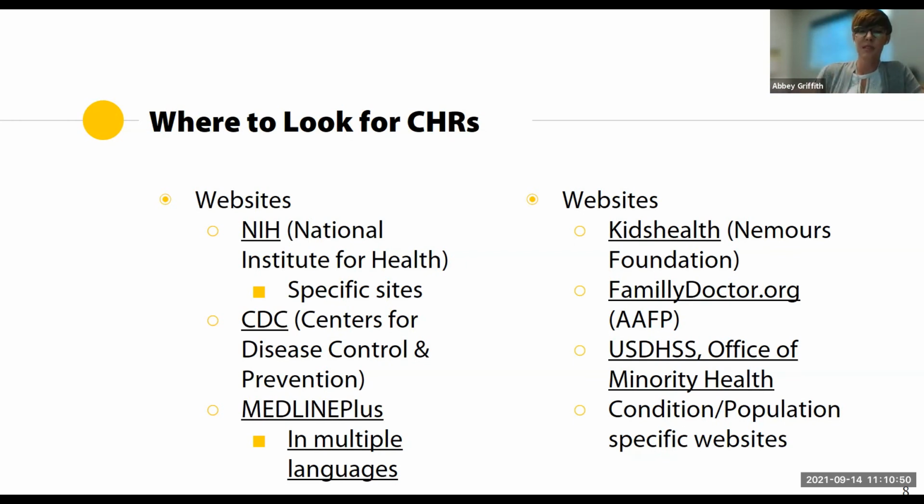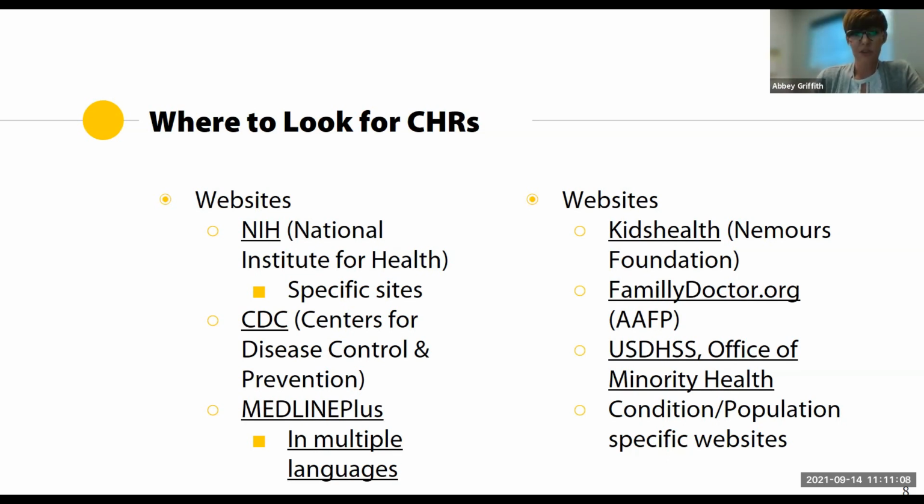But they do have more specific sites that are aimed at conditions or diseases or just patient information and consumer health resources. The CDC, Centers for Disease Control and Prevention, also has a lot of resources available on their site.